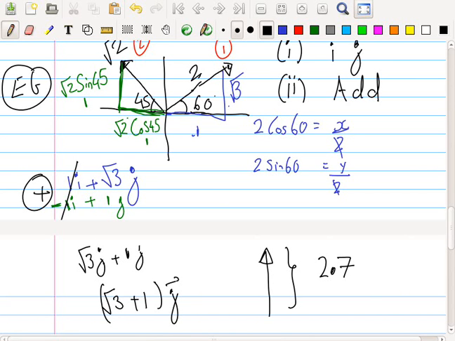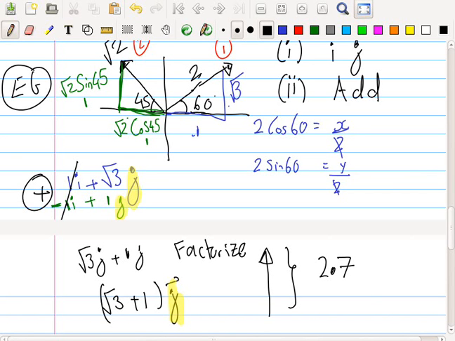But look, there's a j in both, so I can just take it out, j on the outside. What's the verb for when you take something out that's in common to both? Factorize. Okay, so if you want to improve your vocabulary, factorize is when you take a common thing outside.